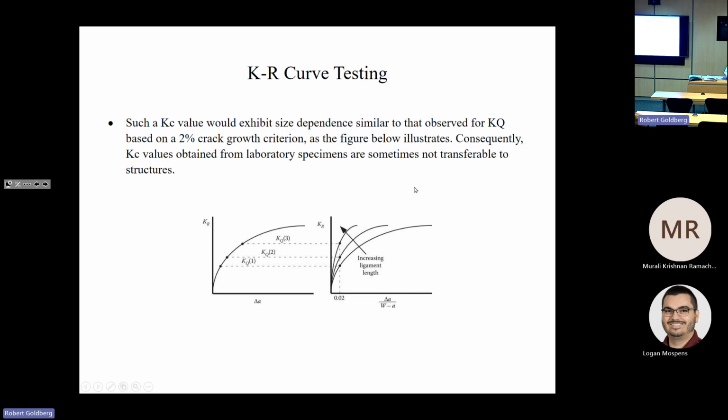So the big thing from this is sometimes, depending on your load conditions, and like true for many other things, you measure things in the laboratory, but they may not necessarily be transferable to full structures, because in your structure you have a different situation. You have a much wider area and different loading conditions than you have for very controlled conditions in the laboratory.